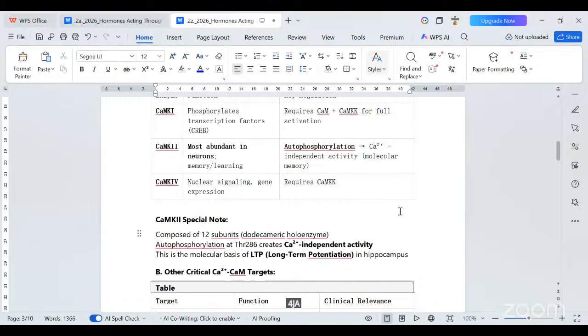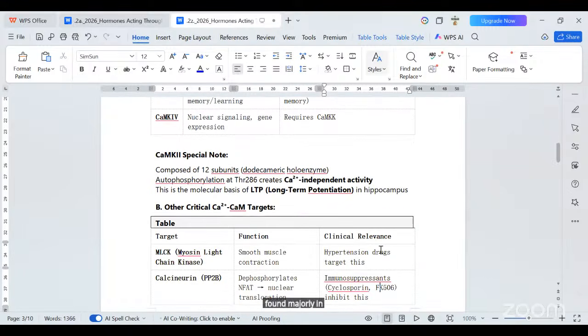Yes, thank you. So hippocampus is seen in the brain. So this CaMKII is found majorly in the brain. Then there are other critical calcium calmodulin targets.